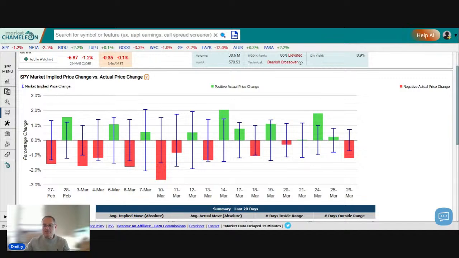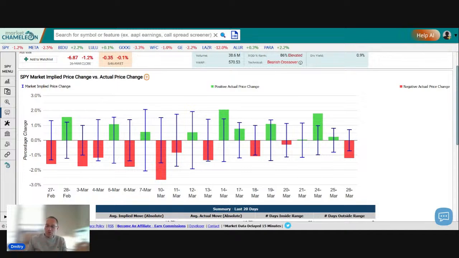Sometimes the implied volatility will go up, and the implied daily move increases. Sometimes the implied volatility goes down, and the implied move decreases. Okay, so we could see here where the long bars, that was when the implied volatility was higher and it was predicting a much larger move.